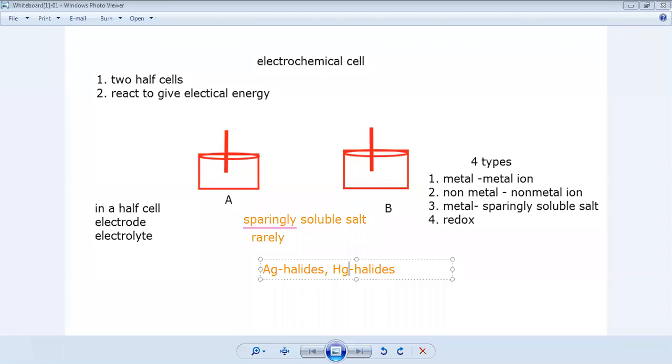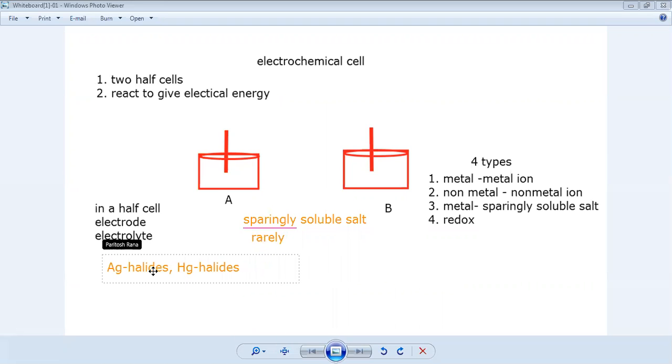So now you got it clear what a sparingly soluble salt is. Now we are going to see the construction of our rod. How are we going to construct our half cell?